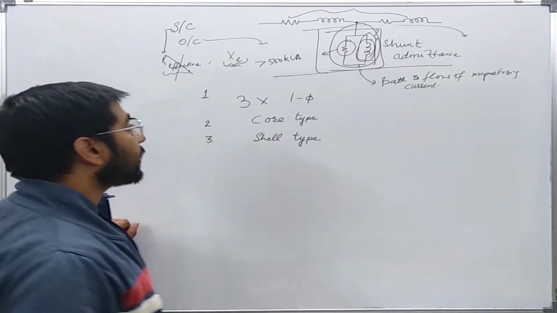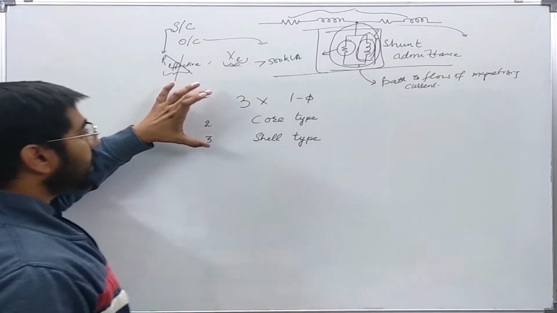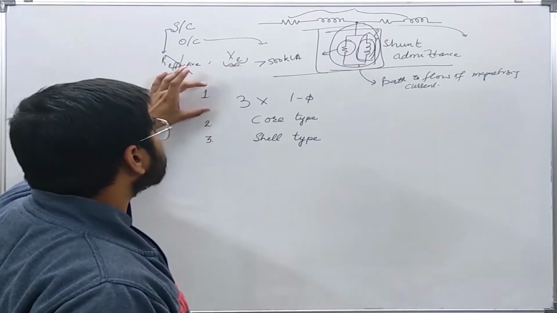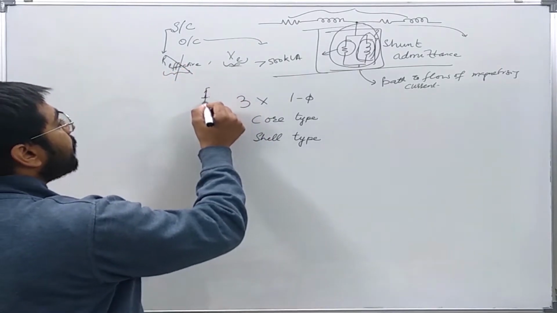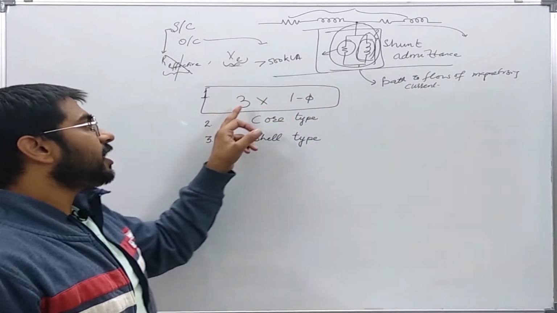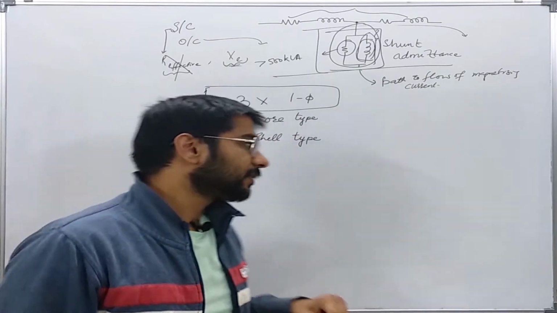Now I will try to draw the schematic of these three types of transformer. First we will consider a three-phase bank which is made by three single-phase transformers.